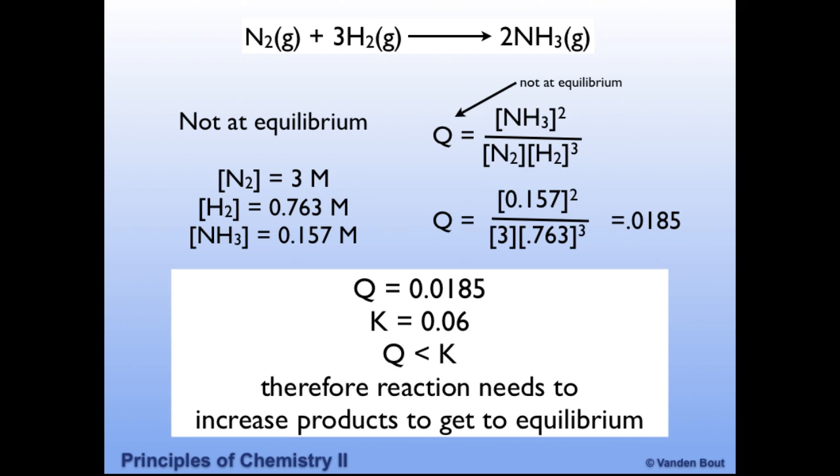So as long as you have some solid, it doesn't matter how much of it there is. And you probably remember that from solubility. If you have a saturated solution, it has some solid, has a concentration of ions in the solution, you can add more solid, but it doesn't make any difference. You still have the same concentrations in the solution. That's the idea of saturation.